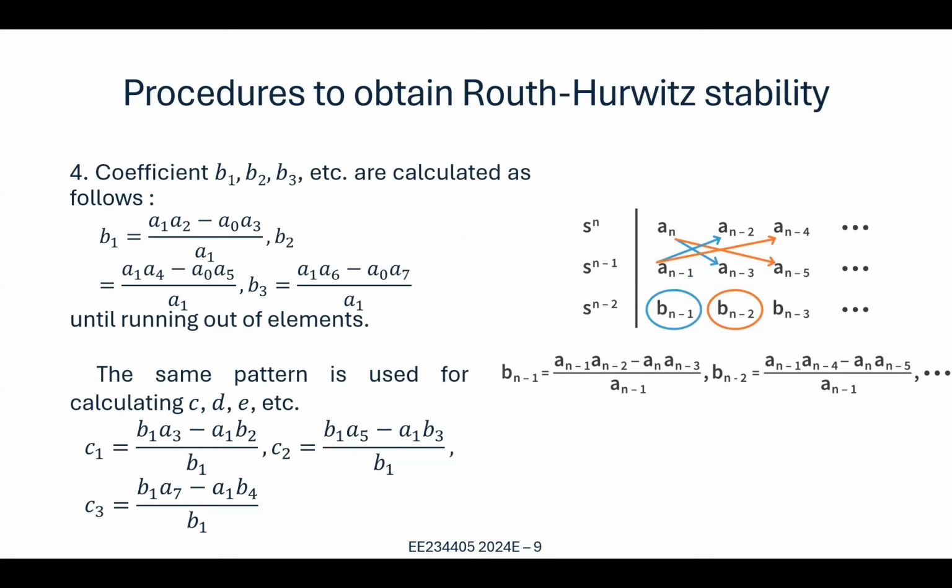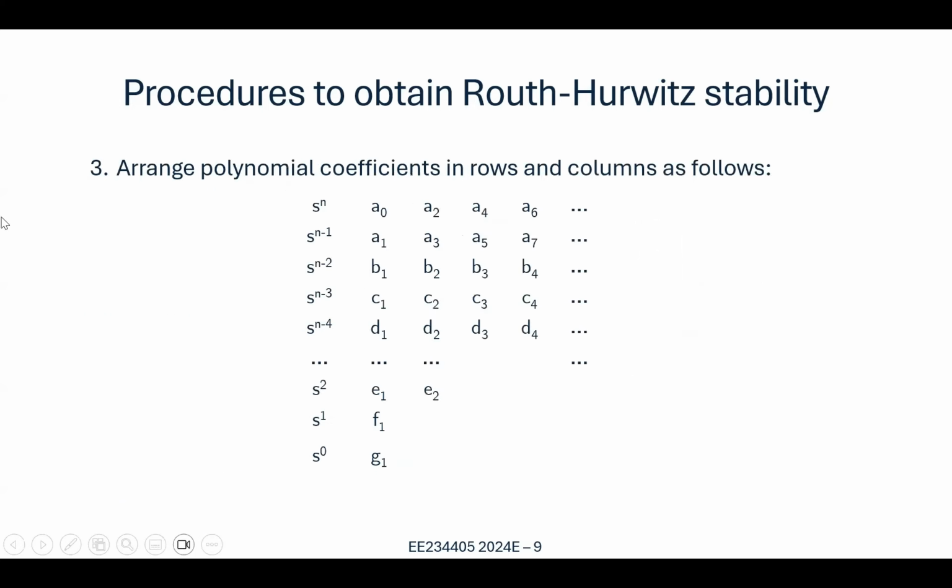And we use the same pattern to calculate C, D, E, etc. For example, if we want to calculate C1, then it would be B1 times the diagonal, B1 A3 minus B2 A1.